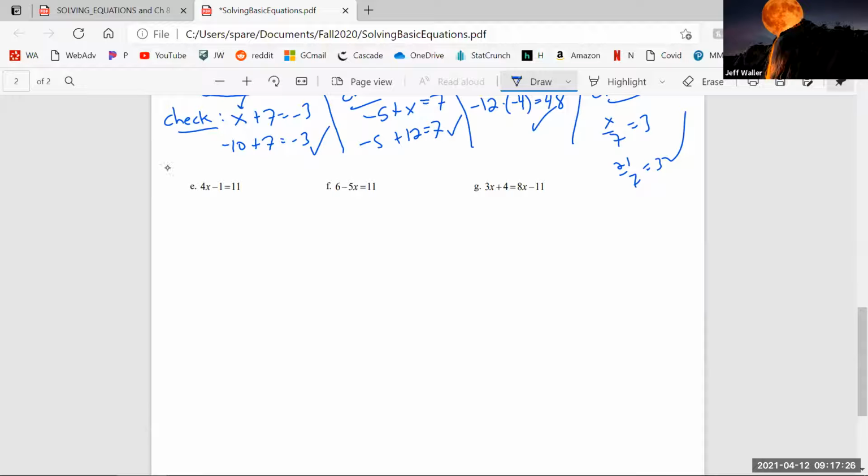So let me give you the way to look at these. On part E, is it true that I do want to at some point divide by 4? Should we first do plus 1? Okay, but I didn't ask that. Is it true that at some point I want to divide by 4? Yes. Why would you not want to do that first?